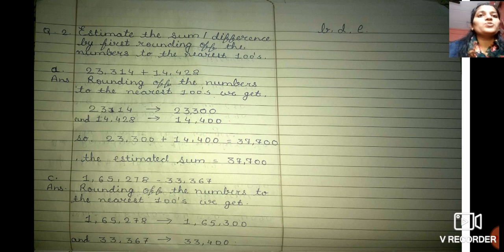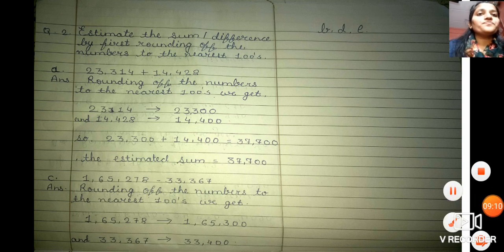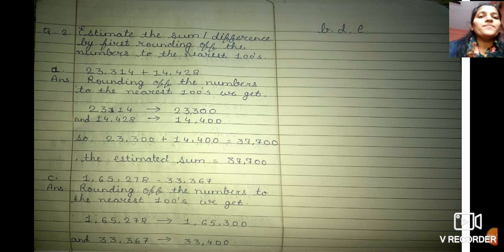Now question number 2, estimate the sum or difference by first rounding off the numbers to the nearest hundreds. Now we have to do it to the hundreds. Okay, so first question, 23,314 plus 14,428. So students, what we have to do here, we have to round off the numbers to the nearest hundreds. First question was the numbers to the nearest tens. Now the numbers to the nearest hundreds.